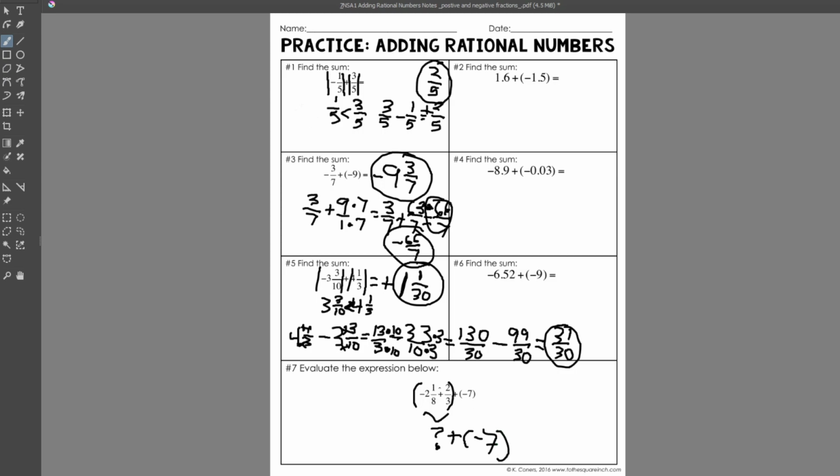And again, just note that these 2 right here have different signs. This one's negative, this one's positive. So you'd have to subtract the one that has the smaller absolute value from the one that has the greater absolute value. So I'd really do 2 and 1/8 minus 2/3. And then my answer, since this one has a greater absolute value and it's negative, is actually going to have a negative sign. And that's it.